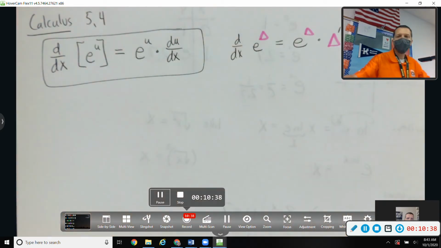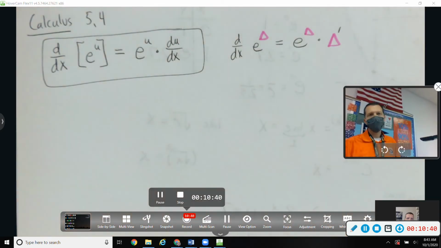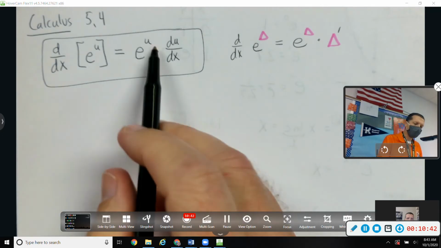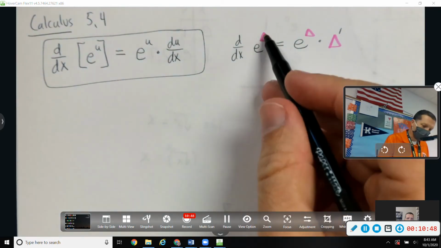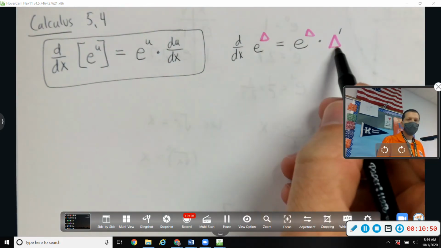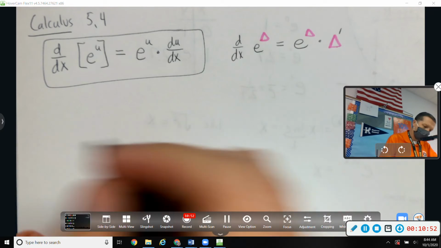Those say exactly the same thing. One has a more official looking u, the other has a silly looking pink triangle in it. But it's the same thing. So you just keep the e to the whatever and then multiply by the derivative of the exponent.